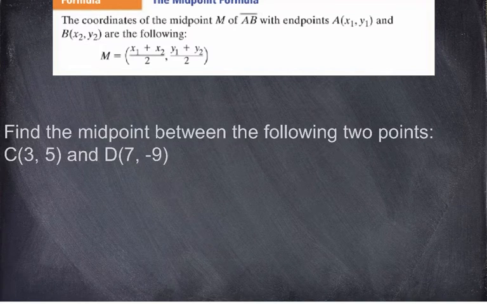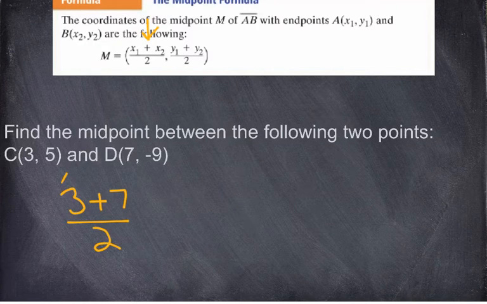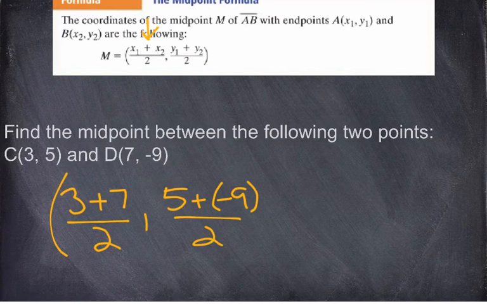So here, notice the difference from the distance formula. There was a subtraction sign in between, but here we have a plus sign. We take one x value, add it to the other, and cut it in half. That'll be our x coordinate. Our y coordinate would be one y plus the other y value, cut in half.